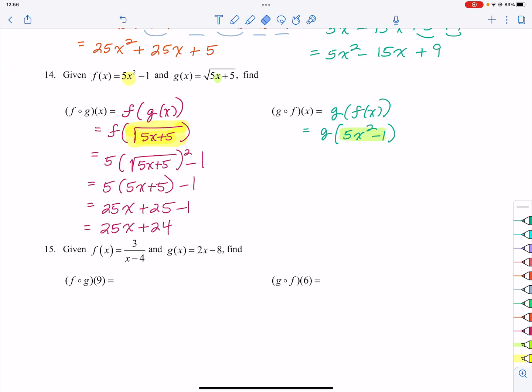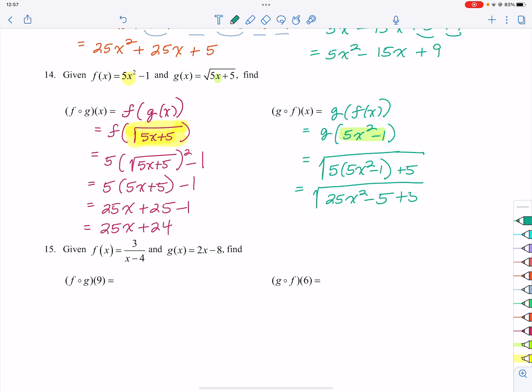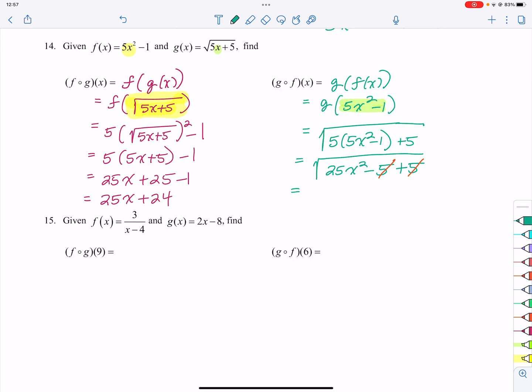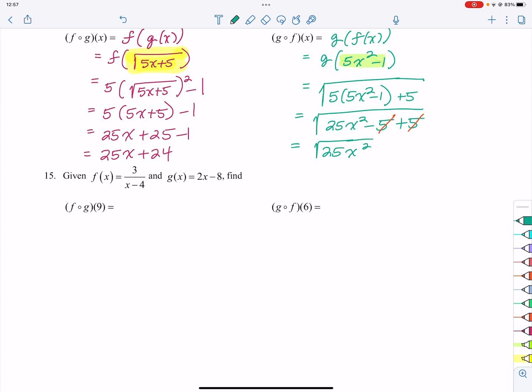So that's equal to the square root of 5 times 5x squared minus 1 plus 5. And that's equal to the square root of 25x squared minus 5 plus 5. And we end up with the square root of 25x squared. And as you can remember, the square root of 25 is 5, and the square root of x squared is the absolute value of x.